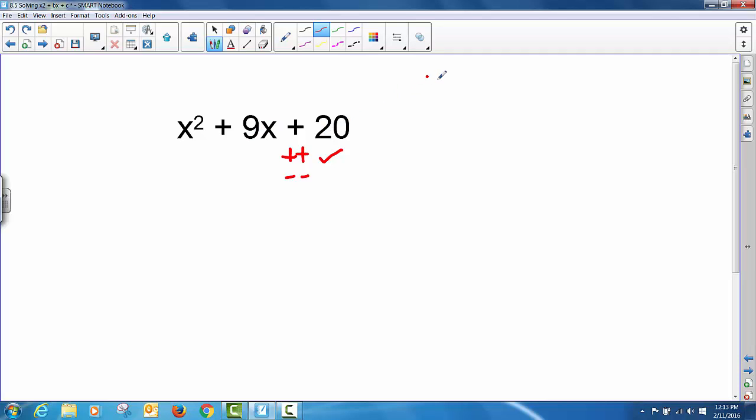So we got 20 and 1, 10 and 2, 5 and 4. 5 and 4 add up to 9. So we put our parentheses, we put our x, we said it was going to be a positive positive, and our two numbers are 5 and 4.